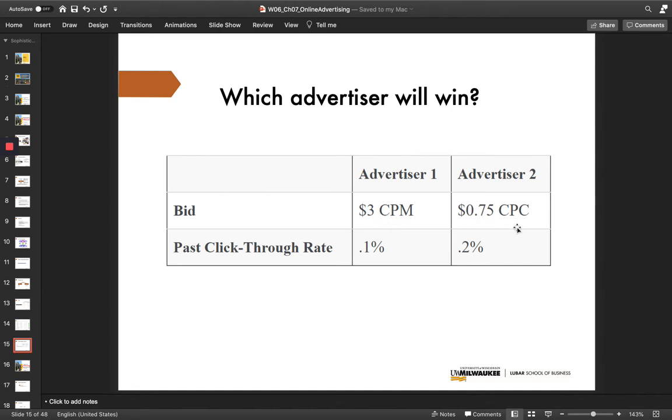And how about the second advertiser? Here, the click-through rate of 0.2% means every 1,000 impressions will lead to 2 clicks, right?